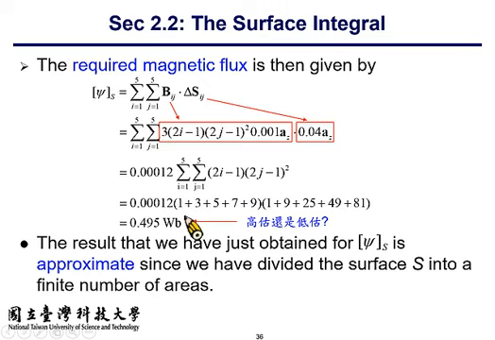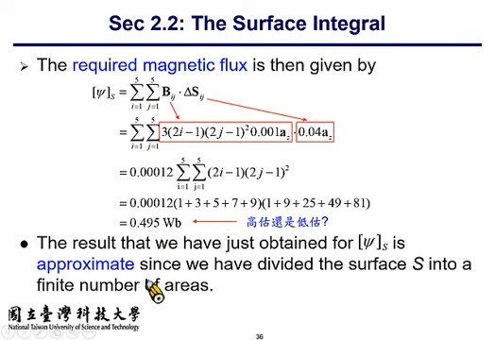So substitute all the known quantities into the equation of the summation for this surface integral. We can find out the total magnetic flux passing through the surface is 0.495 Wb. Okay?